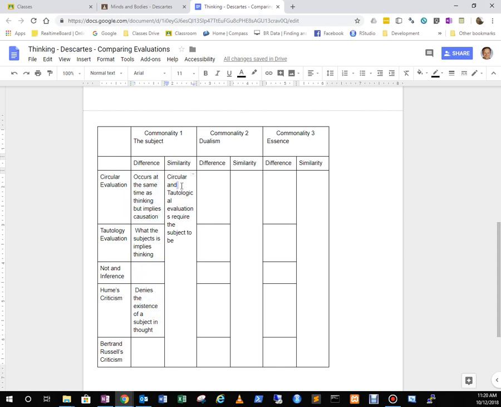And then we go ahead and here we have what we call a similarity between two particular evaluations.